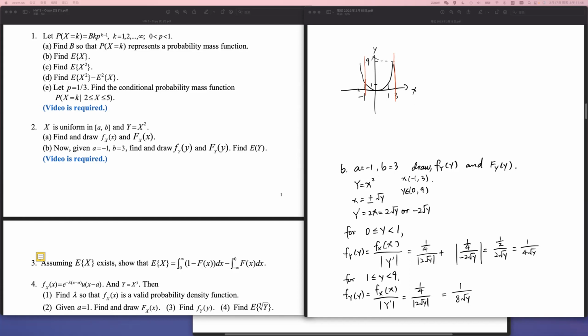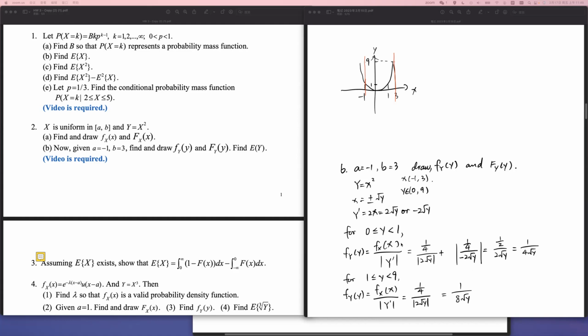We can see that if the value of y is between 0 and 1, the x value can be from -1 to 1. So when we plug in, y equals x squared and x equals plus or minus the square root of y. And the derivative of y should be -2 square root of y, or 2 times the square root of y.